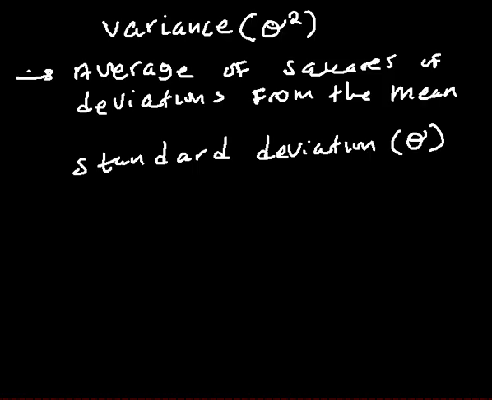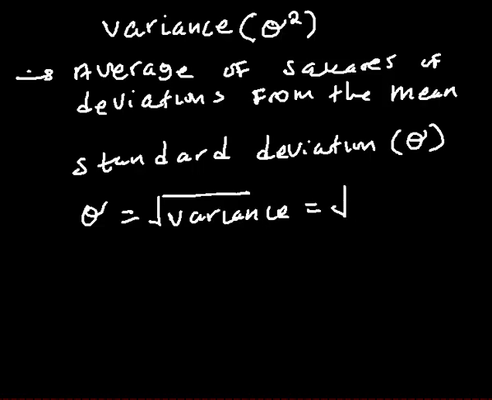The standard deviation is said to be the square root of the variance. So this is how you should understand the variance as well as the standard deviation. And the larger the value of the variance, the more the data is dispersed.